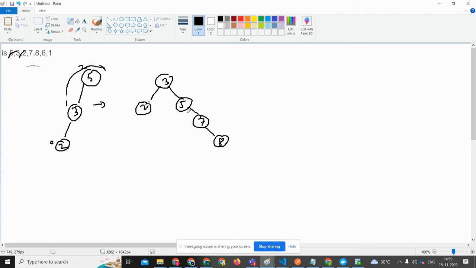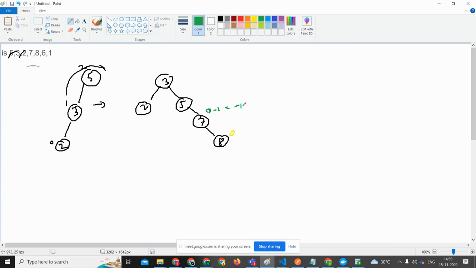It needs a left rotation. So let's first check the signs. Okay, I'll take a different color. 0, 1, 0. Is it 1 or minus 1? Left minus right, so minus 1.